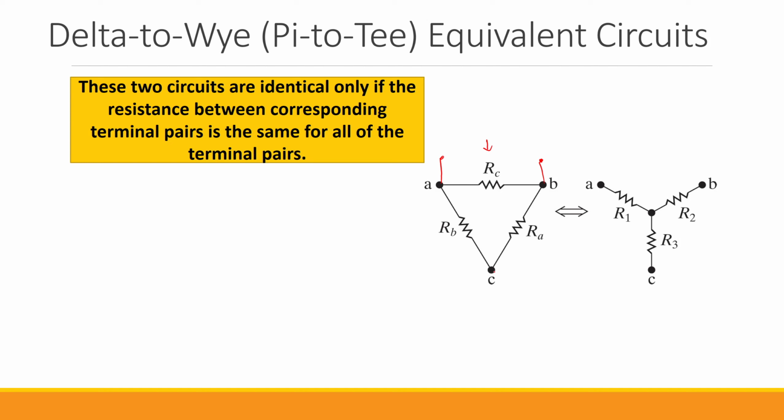So if C is not connected anywhere, we have RA plus RB in parallel to RC. So the way that I can show it is RAB for the delta is RC in parallel to RA plus RB.